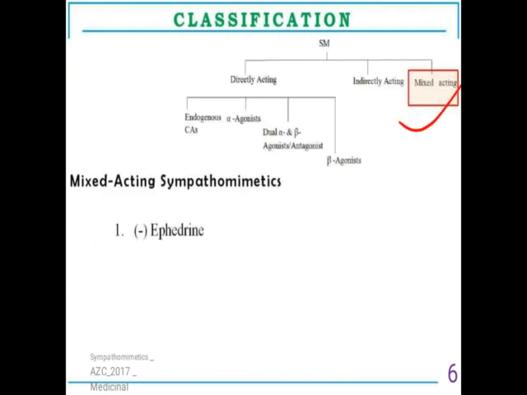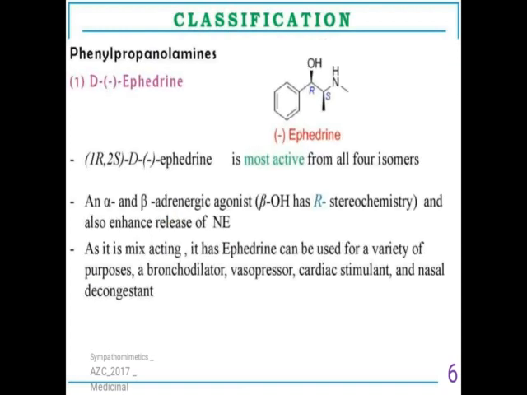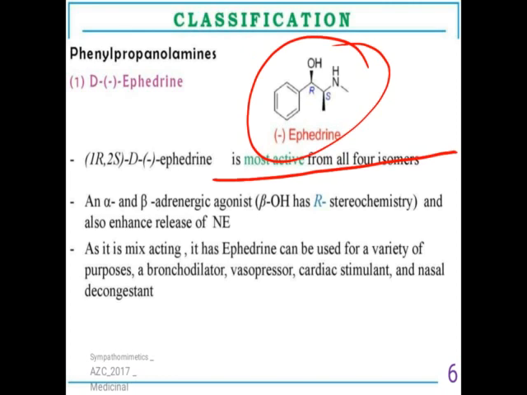The last one, mixed acting, is negative ephedrine. That is the 1R 2S configuration. Negative ephedrine is more active than all the other forms, that is SR, RR, SS. These are the three other isomers, and this is the fourth, the RS isomer.